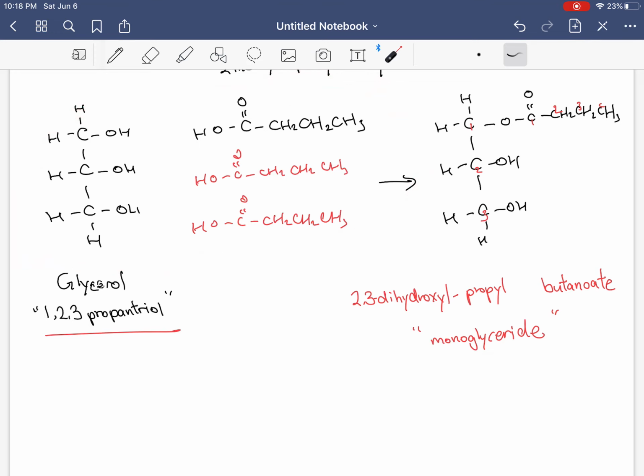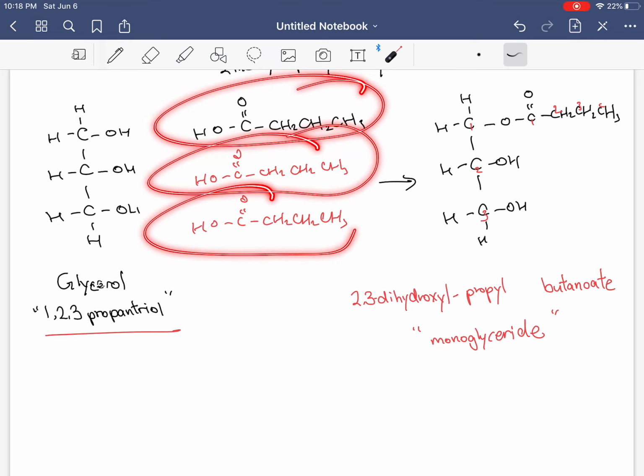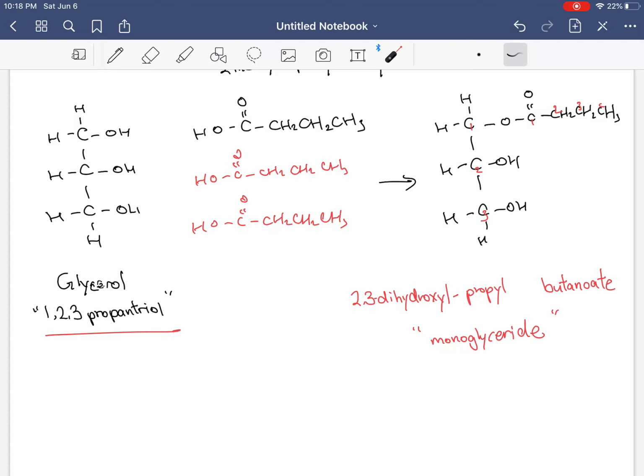Now, in terms of naming that, it's extremely complicated, and most likely it's not going to be an IUPAC systematic name. They're going to try to give this a biological name by naming it through lipid nomenclature. I hope you guys know how that works. It's actually very simple. All you have to do is name these fatty acids.